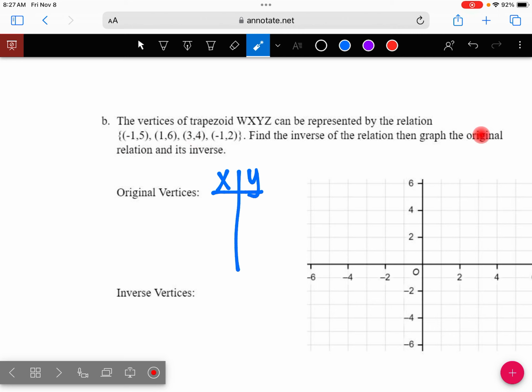So we have to find the inverse and then graph the original and its inverse. So I'm going to put these 4 points in my table. So -1, 5, +1, 6, positive 3, 4, and negative 1, 2. Go ahead and plot those 4 points.